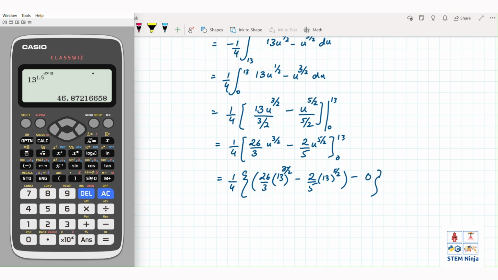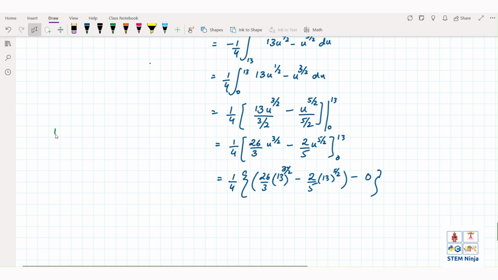Since we need the exact value, okay. 13 to the 3 over 2 is 13 to the 1.5, so you can break it down as 13 times root 13.